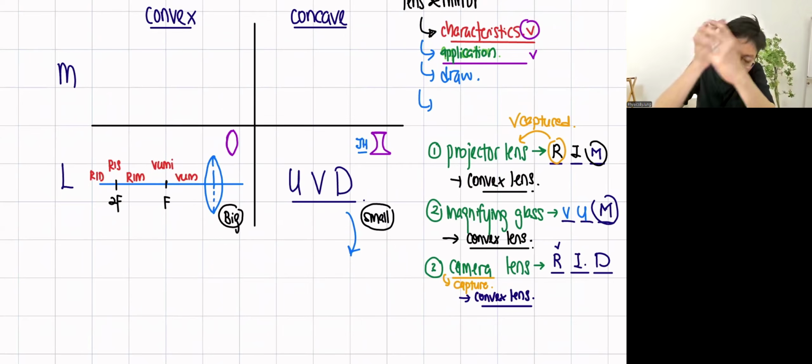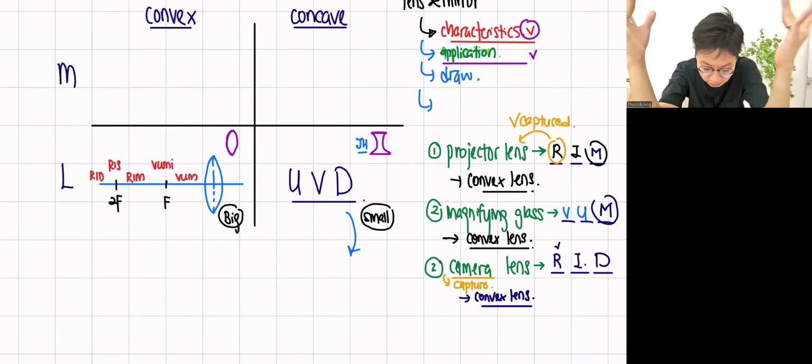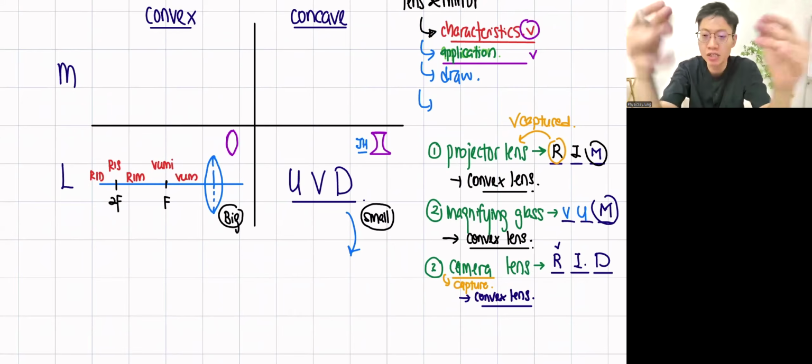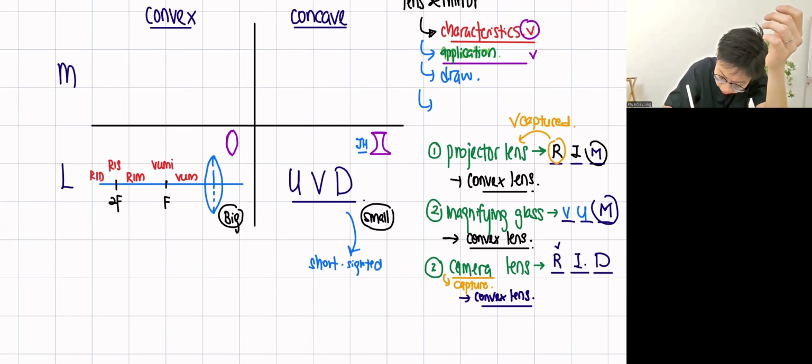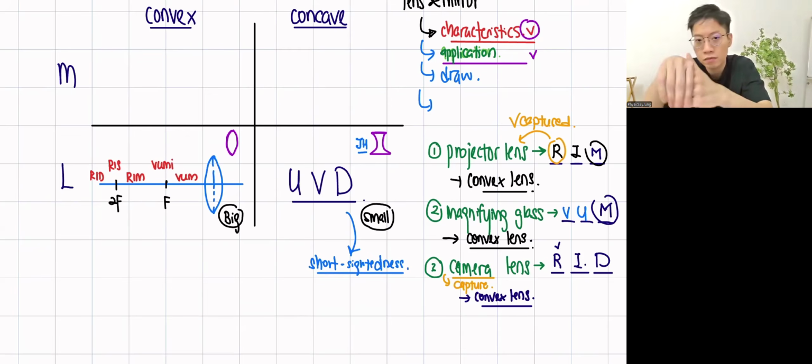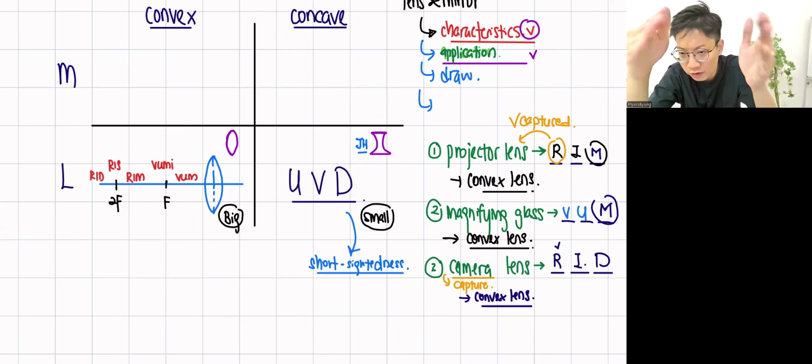So guys, the only time that we use this diminishing lens is for the spectacles for short sightedness. For short sightedness, we will use a concave lens.